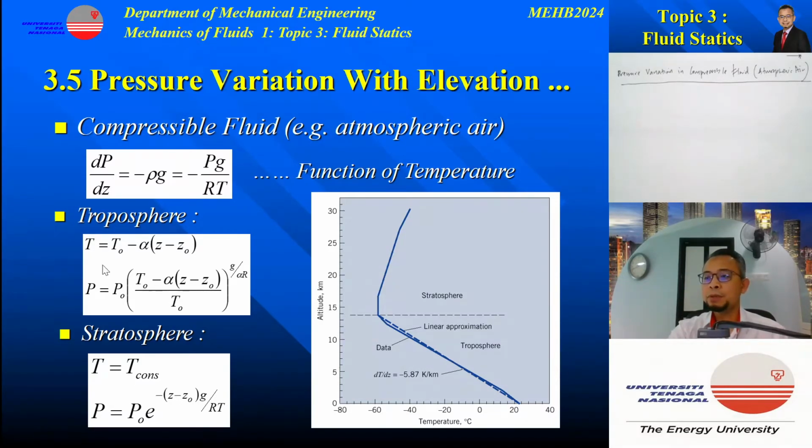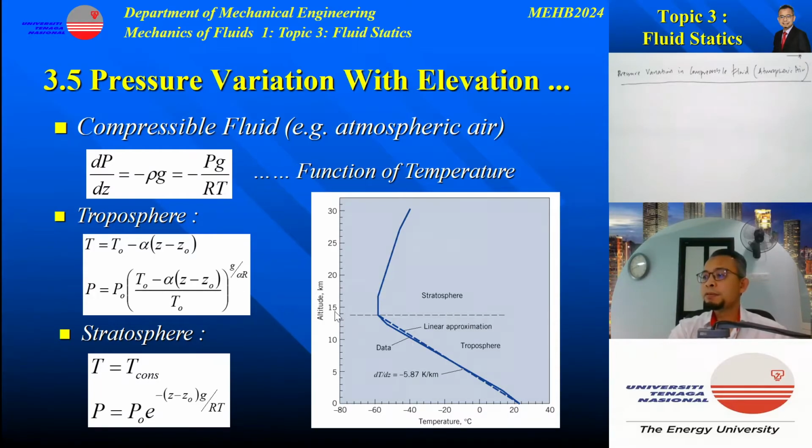It's given by T equals T0, a reference temperature, minus alpha (z minus z0). If we substitute the expression for T in this equation and integrate, we get these expressions for pressure variation with z.